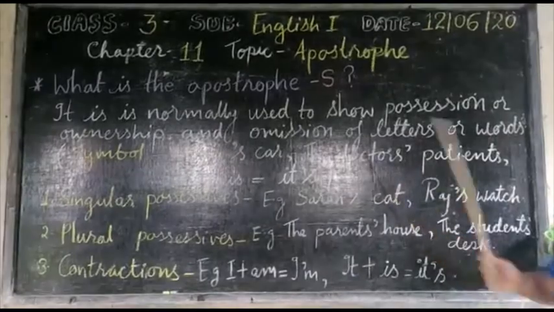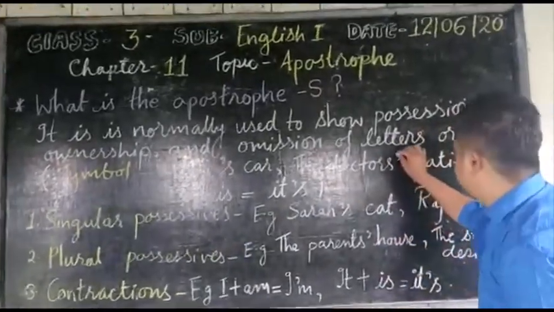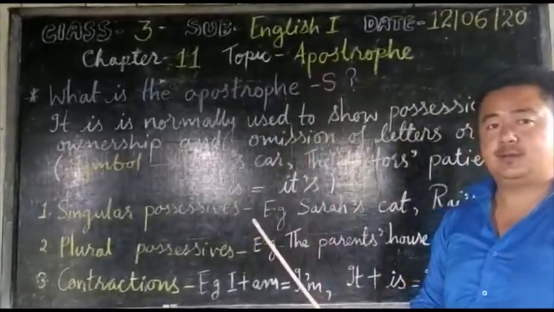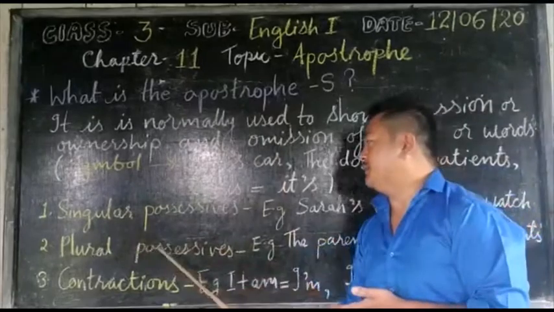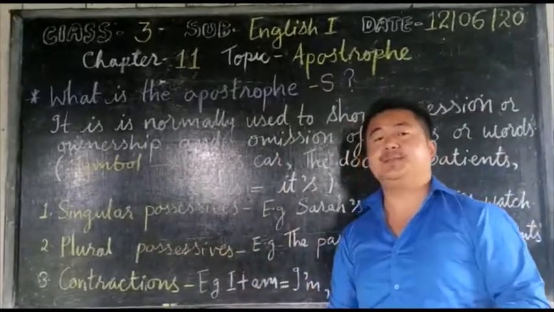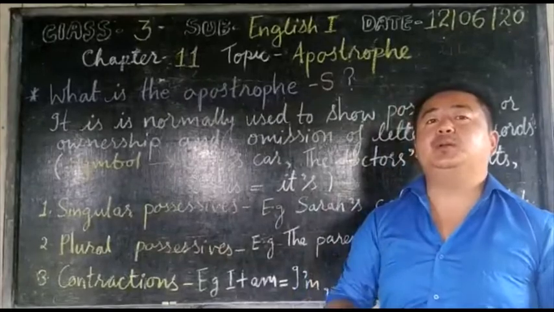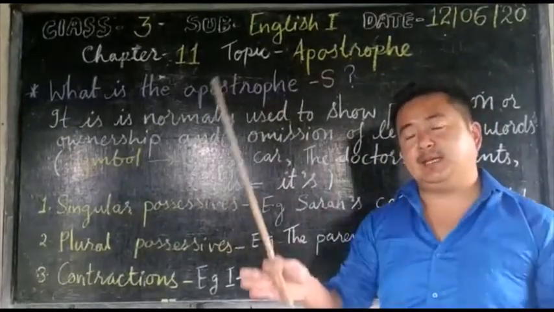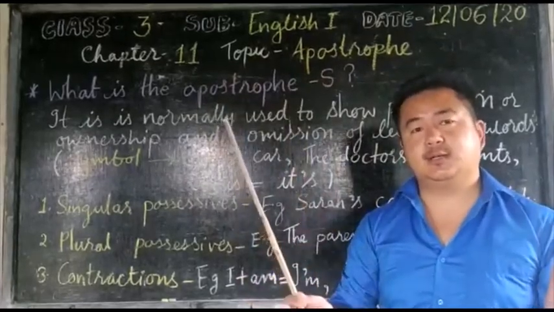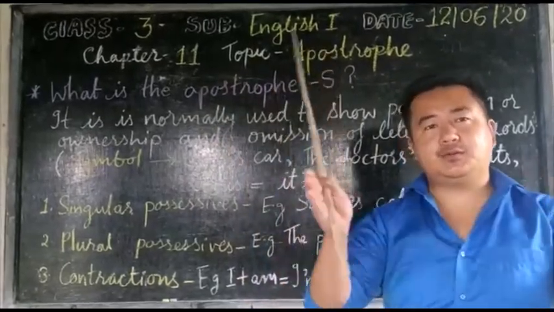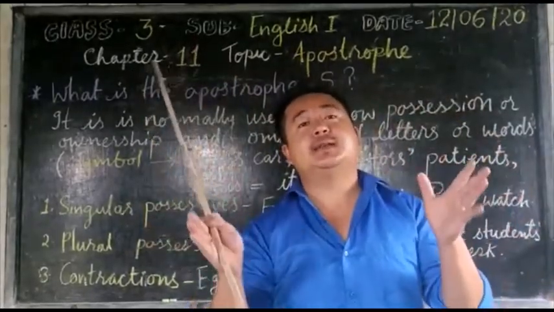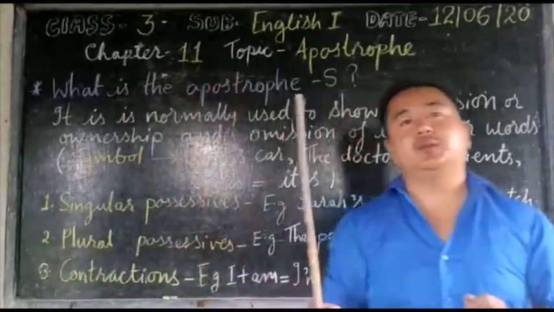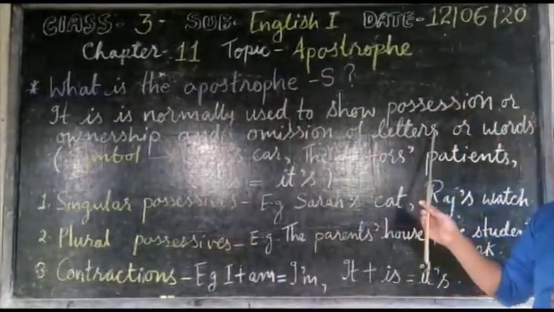Here we are not talking about the singular doctor. We are talking of many doctors. So in plural possessive, many people own the same thing, and the apostrophe is used after the S.